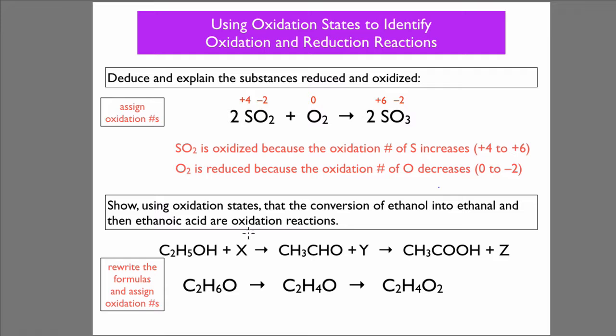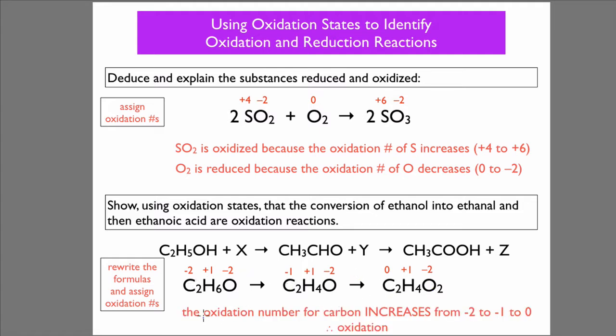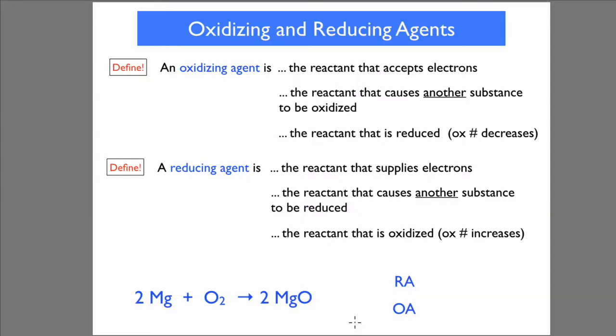So we'll rewrite them out as simply as we can. You can see we've applied the oxidation states to each element, and then you can just look at each element separately and see what's going on. You can see that oxidation number for carbon increases from -2 to -1 to 0. Therefore, we are getting oxidation.